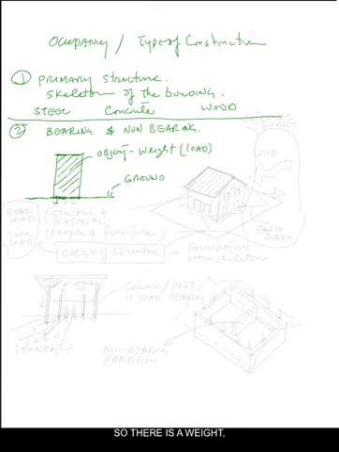So there is a weight, which is considered a load. And that load goes down to the ground. So whatever happens at this point from the object to the ground, that is where the load of the building gets transferred down to the ground.